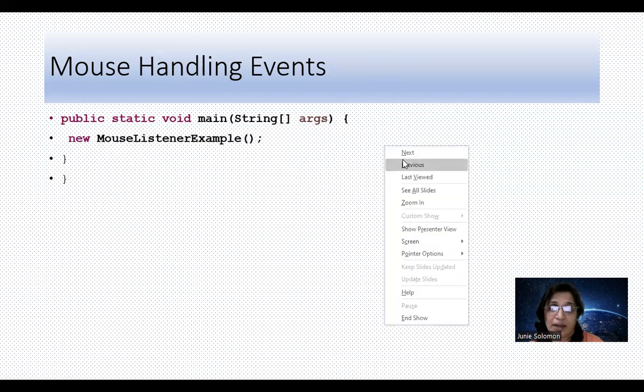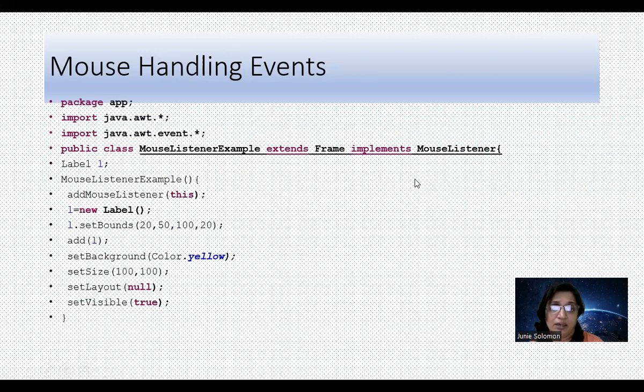In the constructor, you add this listener, then you put a label and position it. I added the label to the frame, put the background color, the size, the layout, and visible, everything. So this is how I am doing a mouse listener.